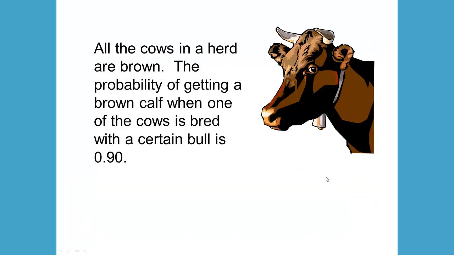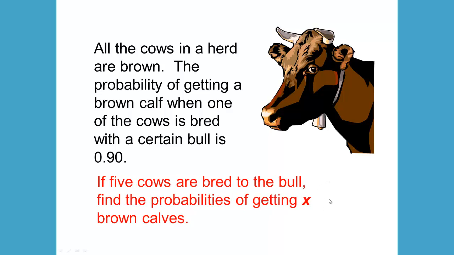We will illustrate how binomials work by starting with a problem about brown cows. All the cows in a herd are brown. The probability of getting a brown calf when one of the cows is bred with a certain bull is 0.90.